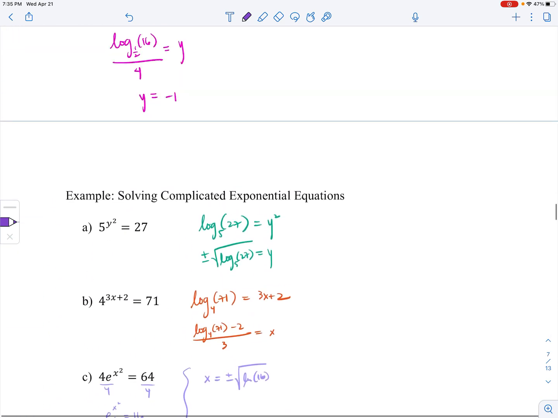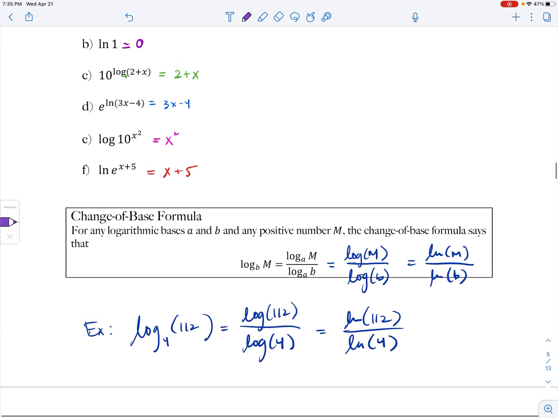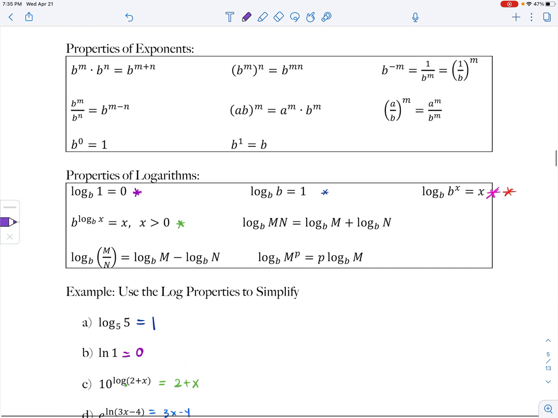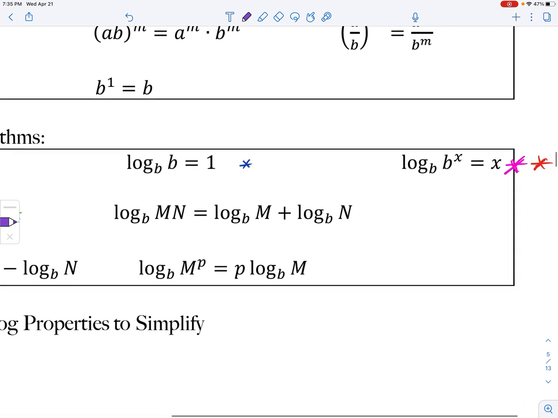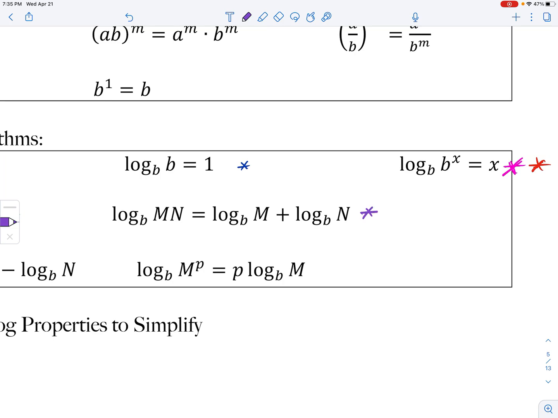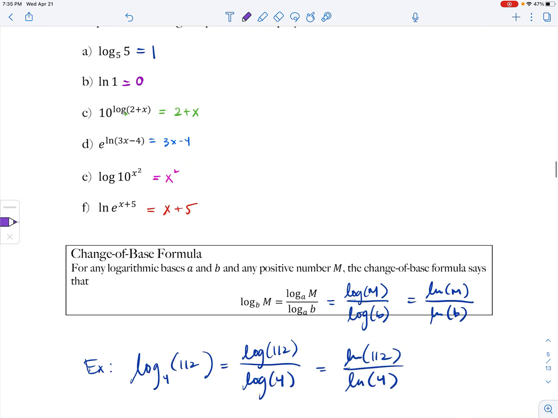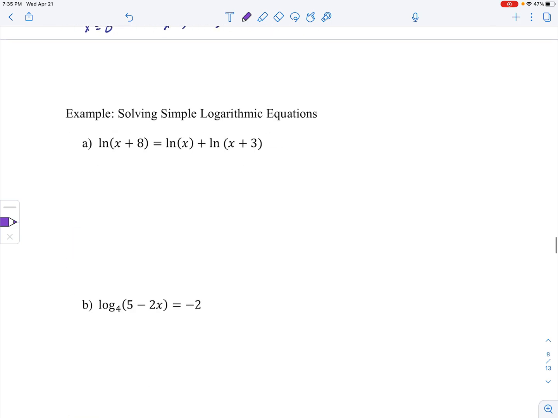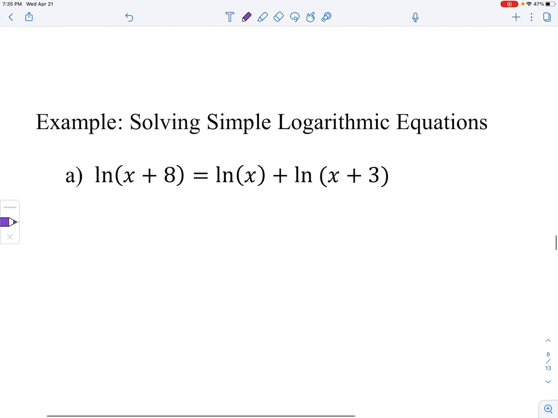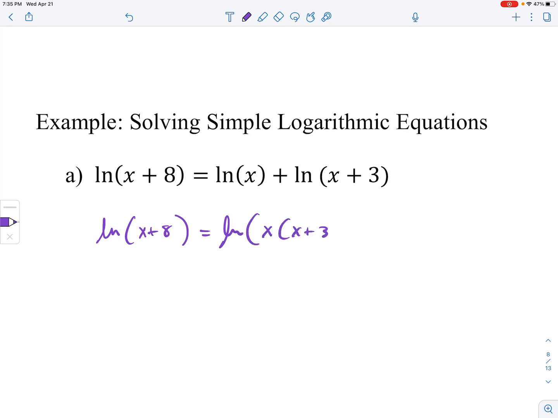And if I go back up here, this property right here is our product property for logarithms. So because they are the same base, we can think about multiplying the arguments. So we can rewrite this as ln of x plus 8 equals ln of x times x plus 3.